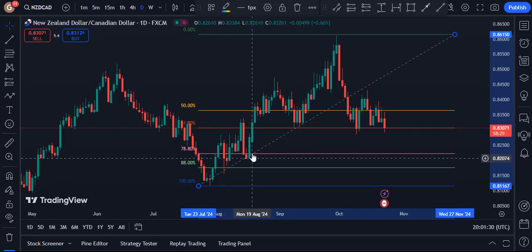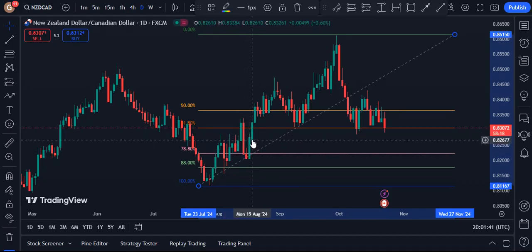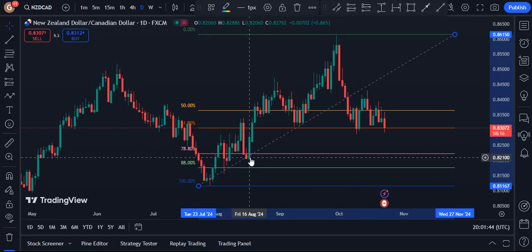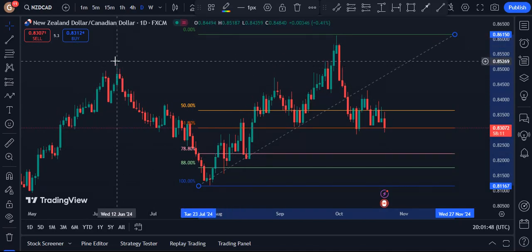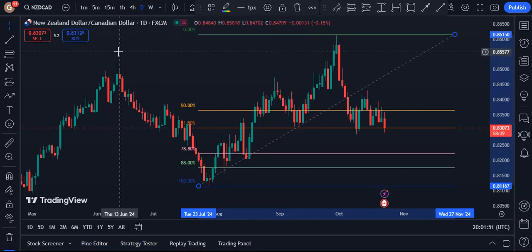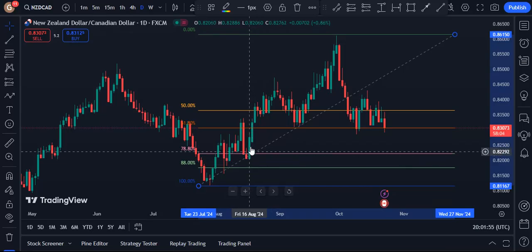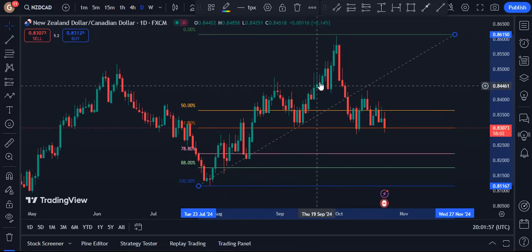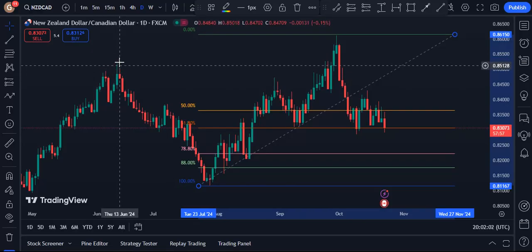So here we can see this bearish candle followed by a bullish engulfing candle, a big one right here. And we must see that the move from this zone went high and broke the previous higher high, which is right here. So we can see that the bullish move from here went high enough to make a new higher high and broke the previous higher high.